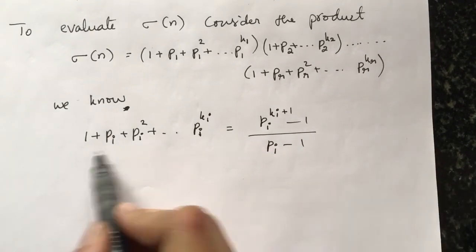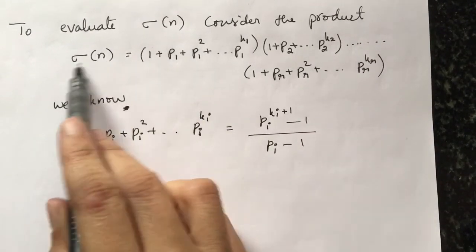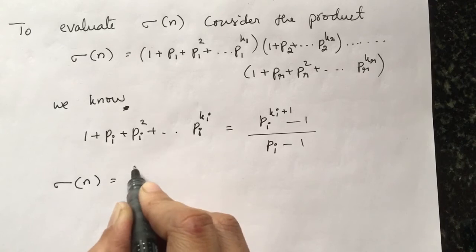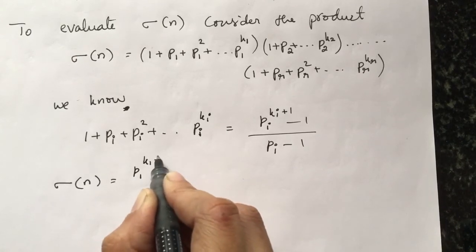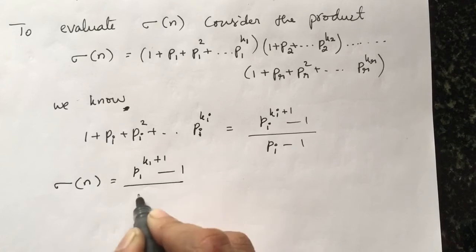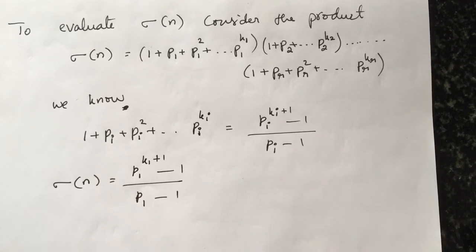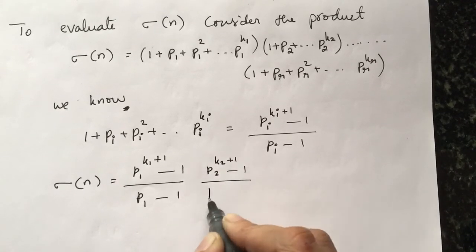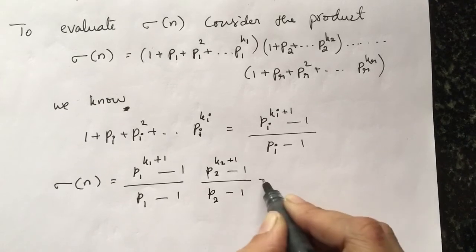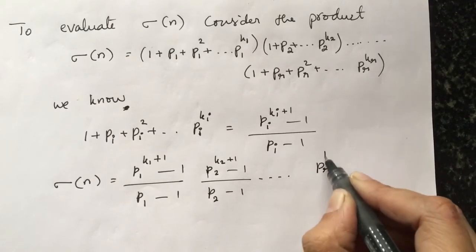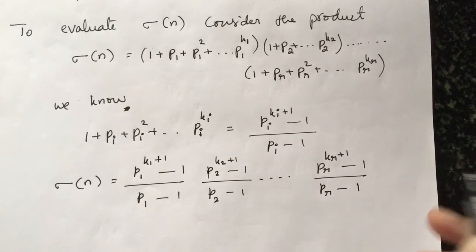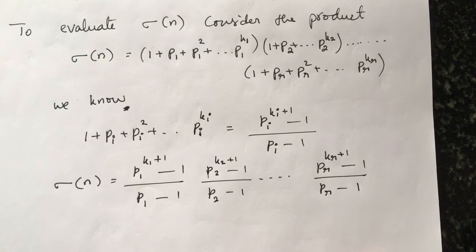So I'm just applying this formula for each term in this product. So sigma n can be written as (p1 power k1 plus 1 minus 1) divided by (p1 minus 1), into (p2 power k2 plus 1 minus 1) by (p2 minus 1), up to (pr power kr plus 1 minus 1) divided by (pr minus 1). This gives me sigma of n.